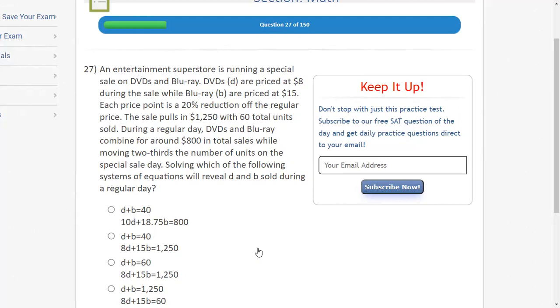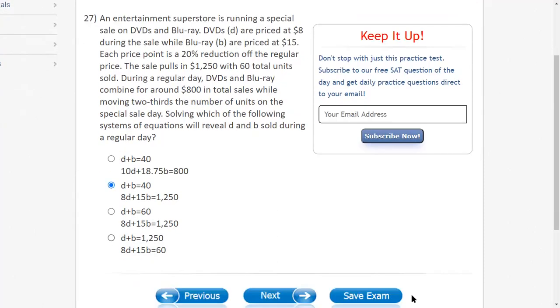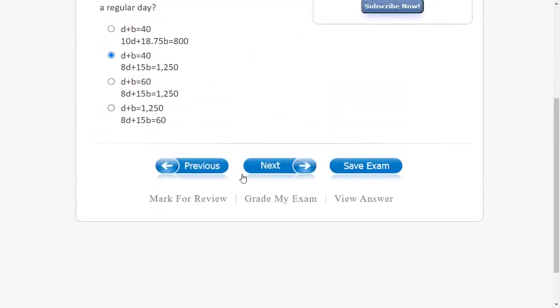Wait. The sale pulls in $1,250 with 60 total units sold. And 8D. Okay. The second one. Second one, okay, we are going for the second one. So, three more to go, and then we'll talk about the solutions and your grading.